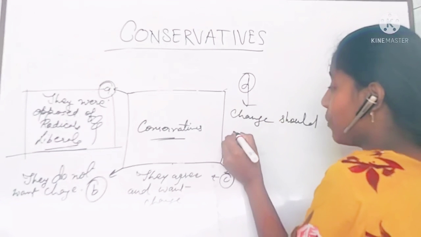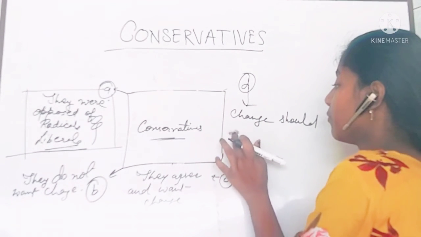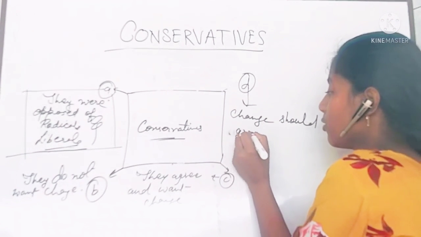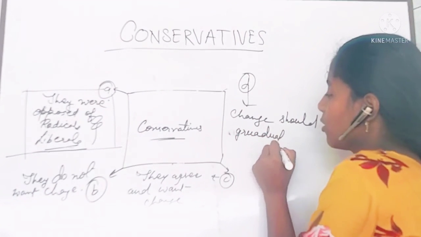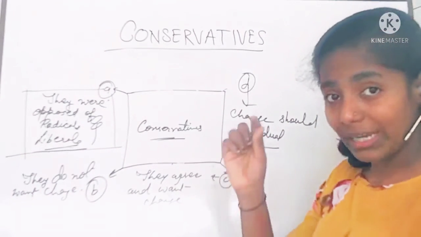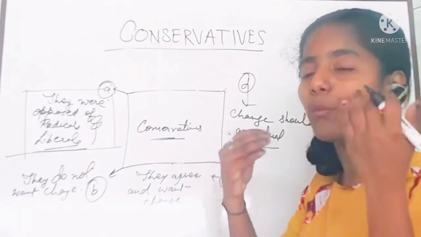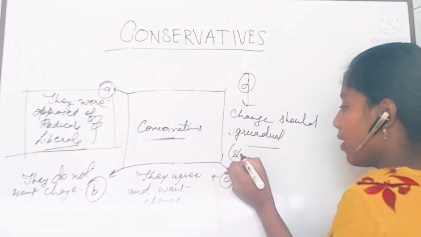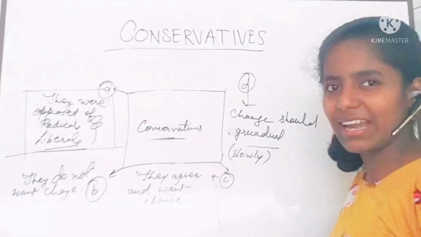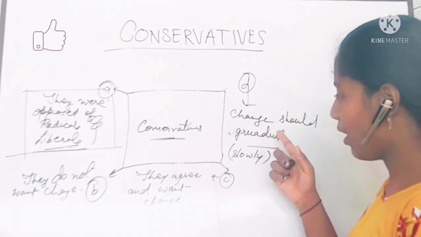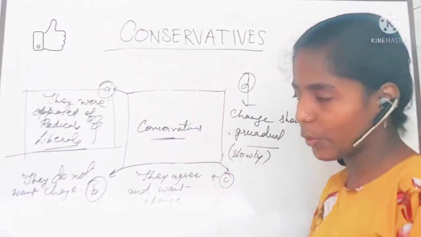Simple. Change should be gradual. Gradually means very, very slowly. You can write it over here in the brackets. You can understand easily. Change should be what? Very gradual or very slow.